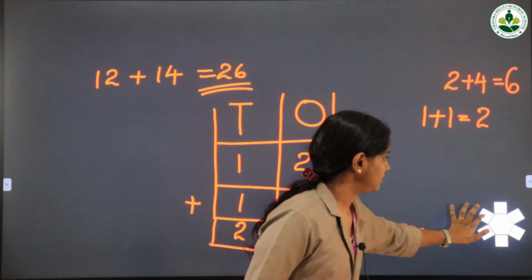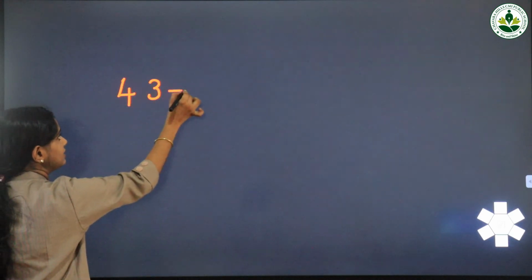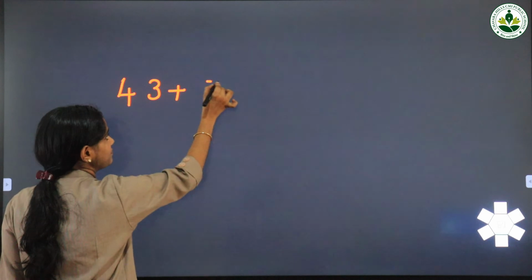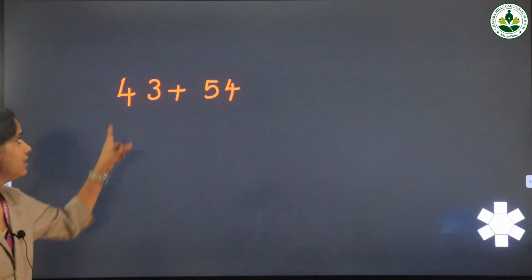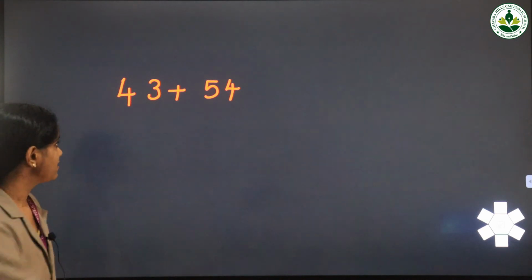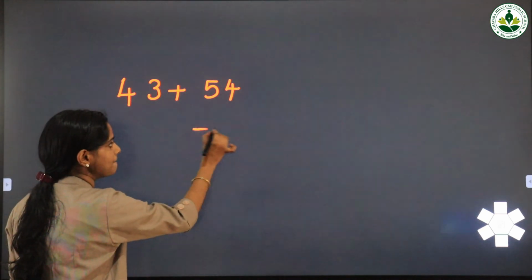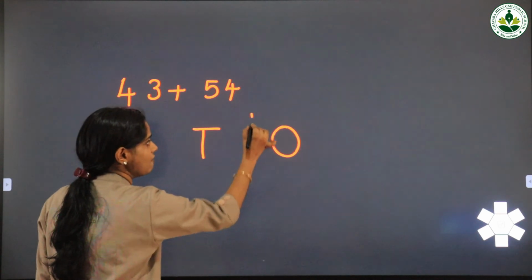Okay, another example. Find 43 plus 54. First we place these numbers in the place value chart. This is the tens column and this is the ones column.